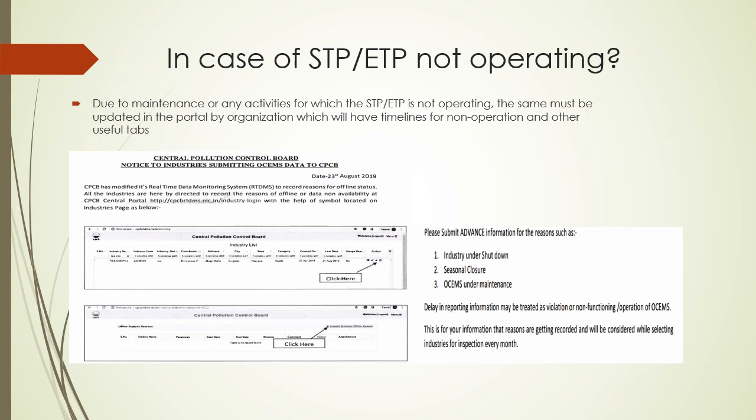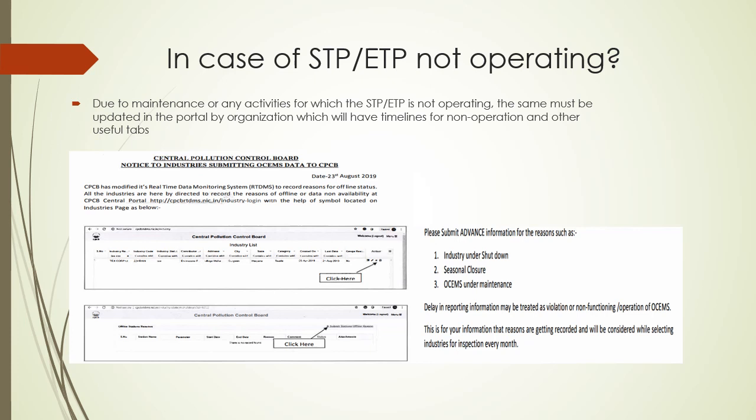When we log in, there's an option where we can say in advance that from tomorrow onwards, or from date X to date Y, our STP maintenance is there, and therefore the OCMS won't be giving the correct values, or our STP is not being operated right now.